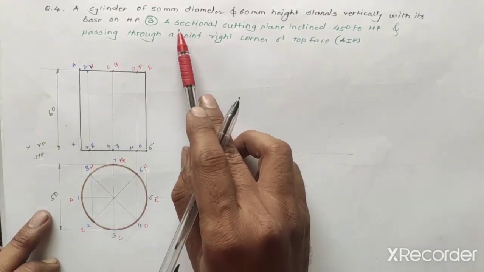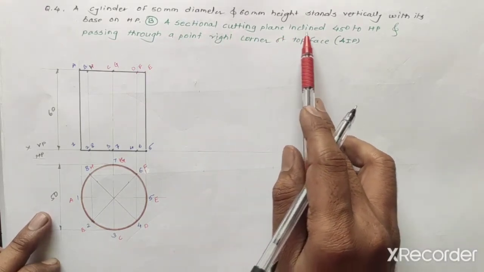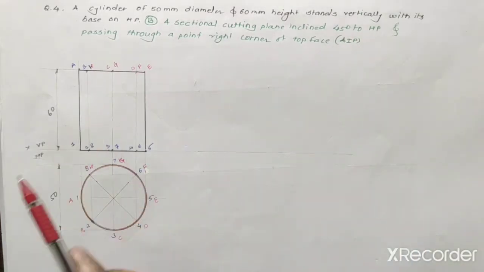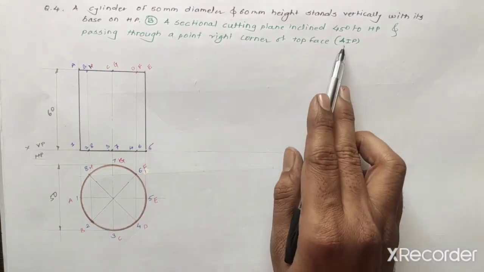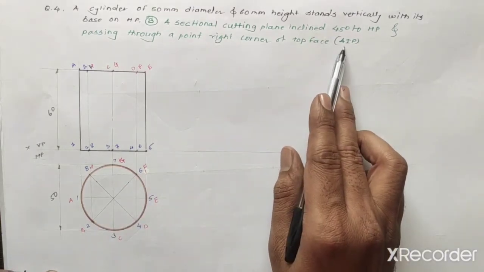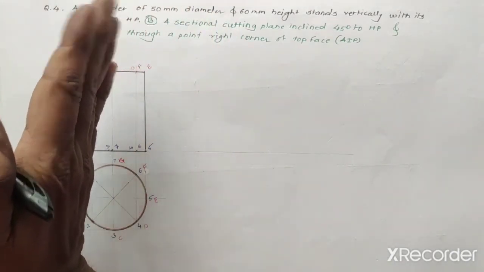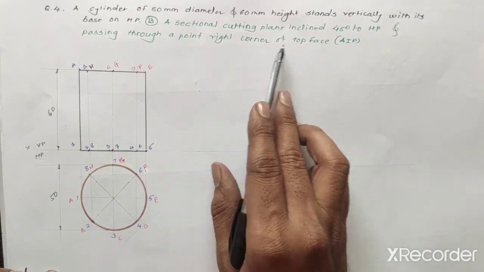Now the second condition is given. The sectional cutting plane is inclined at 45 degrees to the HP. So the AIP, auxiliary inclined plane, is perpendicular to the VP and inclined to the HP, passing through the right corner of the top face.